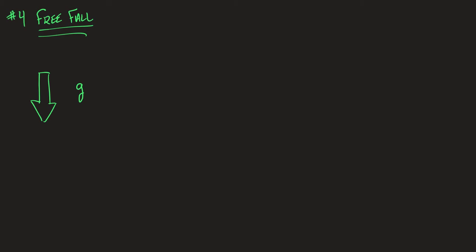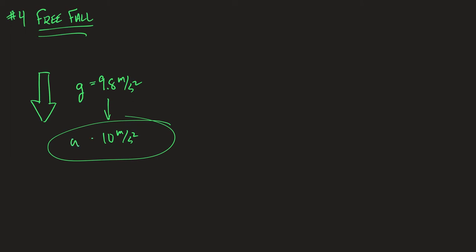Now that you've written all that down, add something to it. In our homework problems, we use 10, not 9.8. So if you know an object is accelerated by gravity, you're being given the acceleration. That's it. All objects that are accelerated by gravity will be 9.8 or 10.